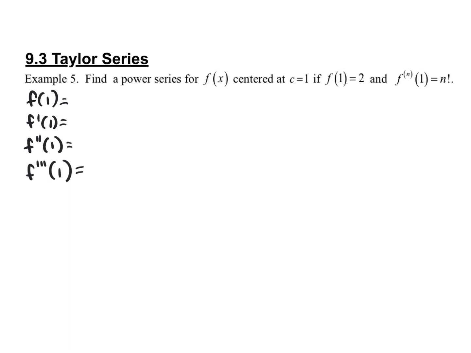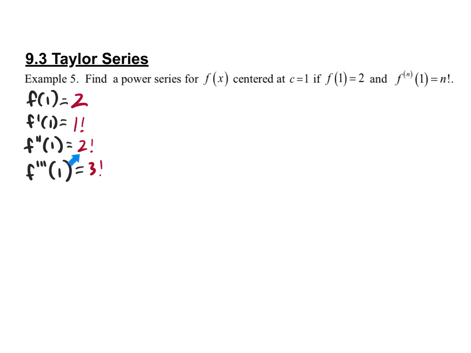All right. So what we can do is figure out all of these things just from what they've given us, right? What is f of 1? 2. They tell us that. And then the first derivative is 1 factorial.